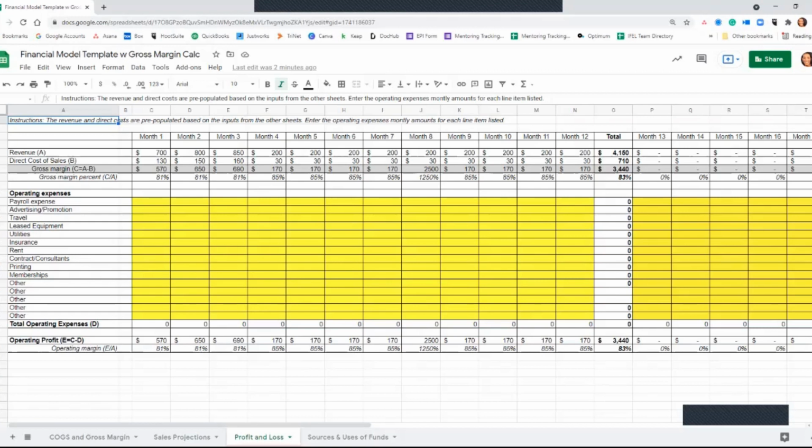We see a strong tendency to underestimate these different costs, especially payroll expense. And again, we're not trying to be super, super comprehensive here, but realistic and in the ballpark.